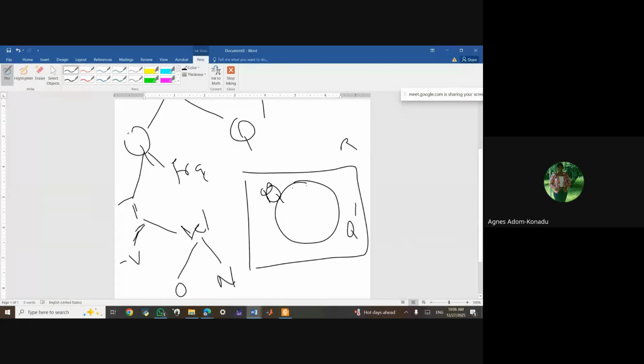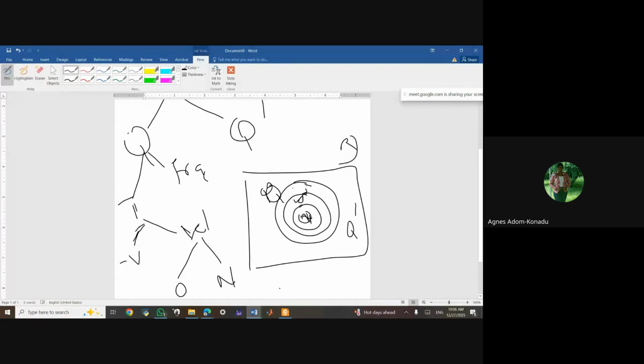Inside the Q, I can have my integers. After the integers, I can have my whole numbers. So this is my Z, this is my W. Then after W, I can have my N. So I can represent my real number system like this.